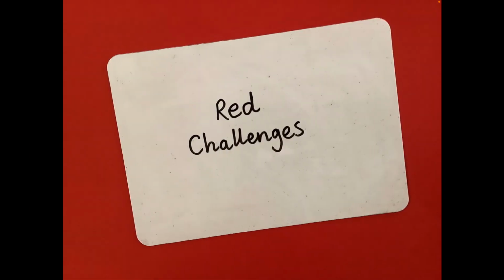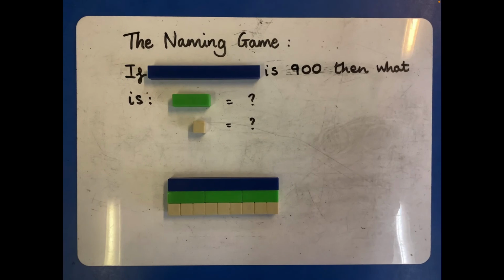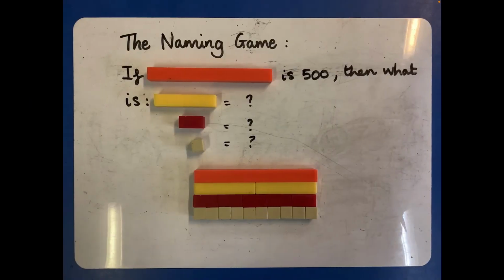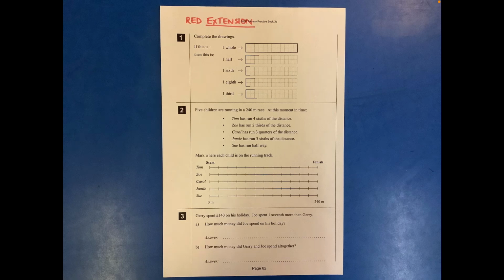Here are some red challenges. Some of you might like an extension. Have a go at these questions and set them out in your book. We can go through the answers later at Zoom. Pause the video and have a go.